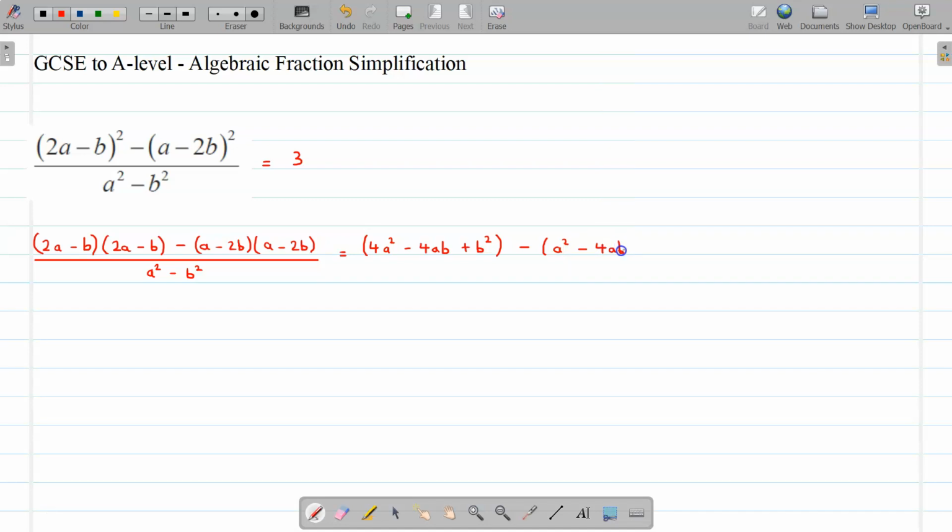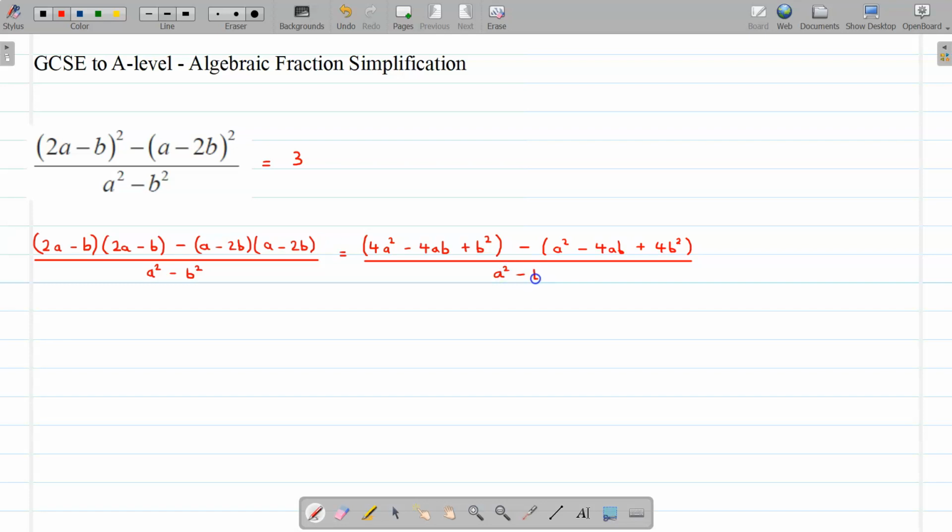And my last term is going to be minus 2b times minus 2b, which is plus 4b squared. And all of that has the same denominator as before, which is a squared minus b squared.